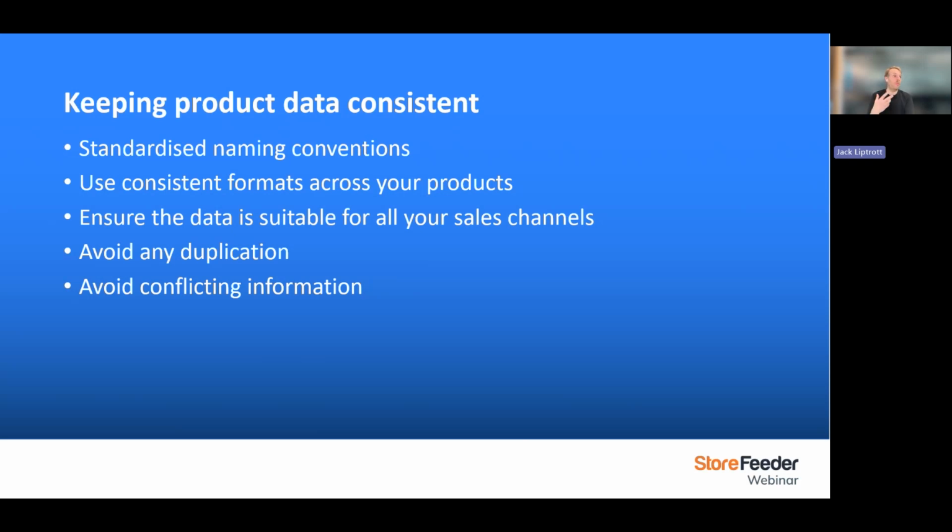Plus, there might be other people selling these items as well. So you want to make sure that your listings are easily scannable and someone can quickly look at it, know exactly what it is, and know that they've found what they're looking for. So you want to use consistent formats across your products. This is how data is structured. So sizes, for example, you might be using UK size 9, or just 9, or just size 9, or black as the color, or different abbreviations with different capitalization.